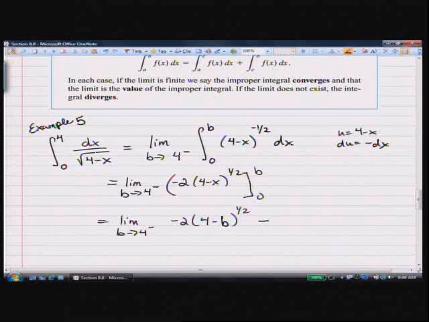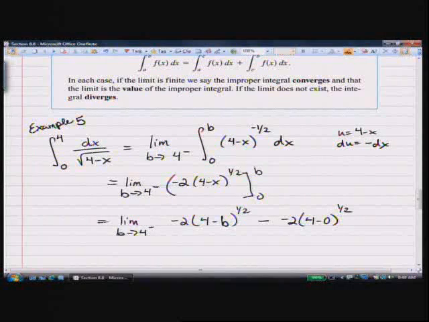And then we're going to subtract, we'll put a 0 in there. So negative 2 times 4 minus 0 to the 1/2 power. Okay, well, as b approaches 4 from the left, this is going to go to 0, right? And then if you solve this, you'll just get the square root of 4, which is 2, times negative 2, which is negative 4, and it's a minus that. So that's just going to be 4.